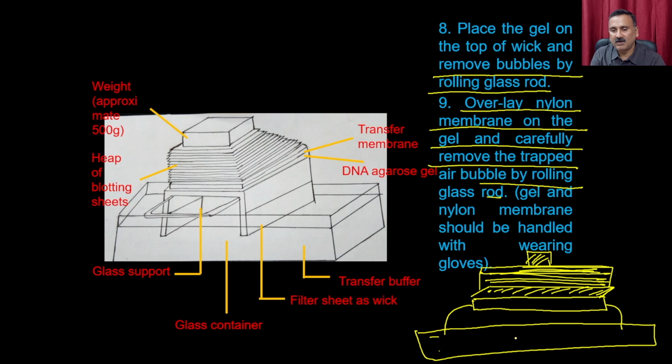So, here you have the transfer buffer, and while you are doing all this, everything has to be handled with the utmost care. You are going to wear gloves, because the human body secretes biological fluid, and this fluid may contain some DNA and RNA, so that is how you can contaminate.